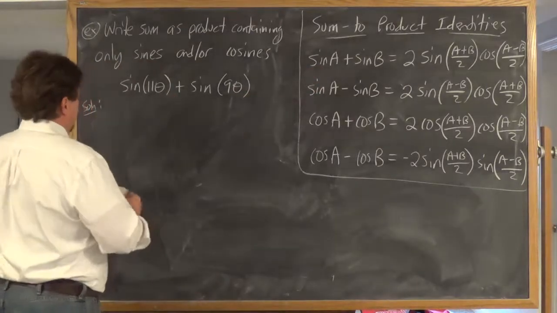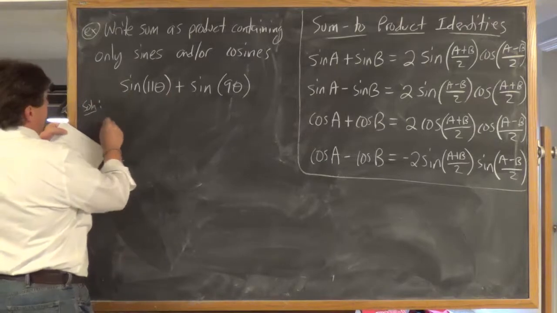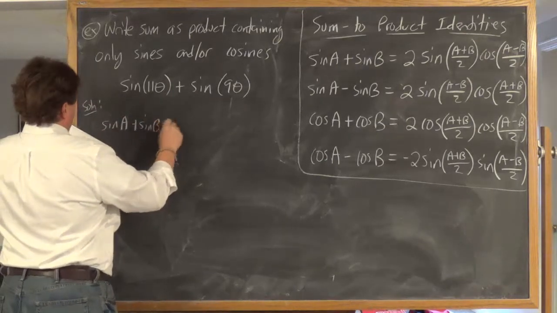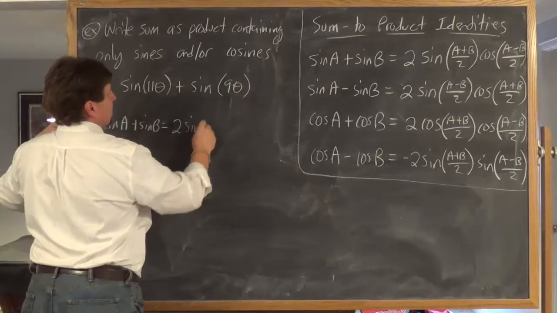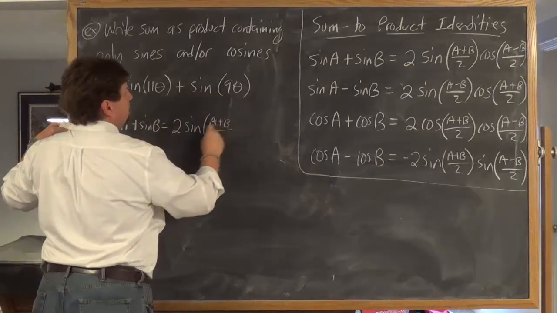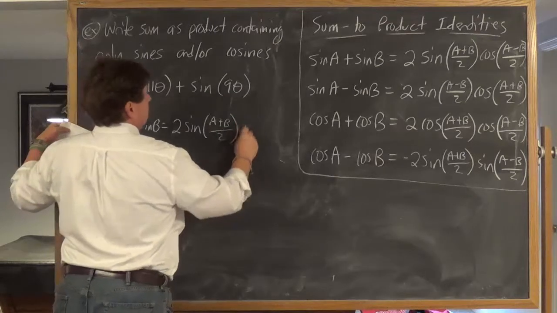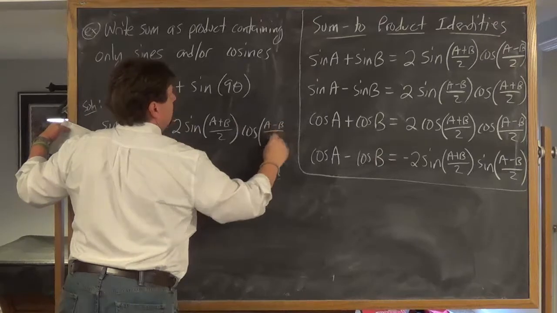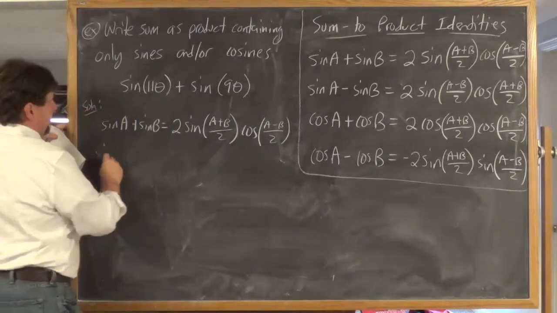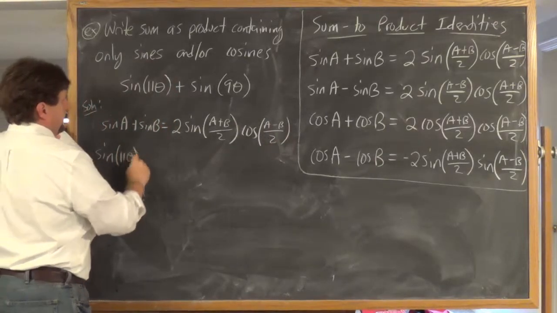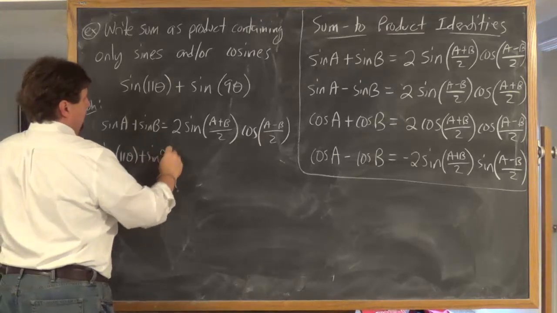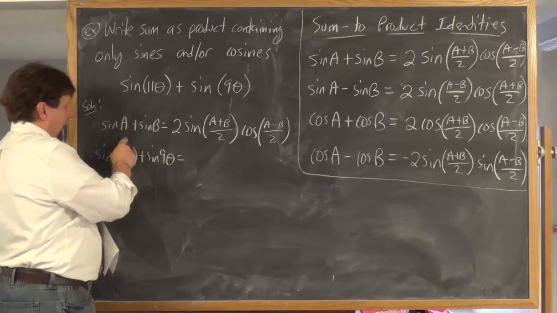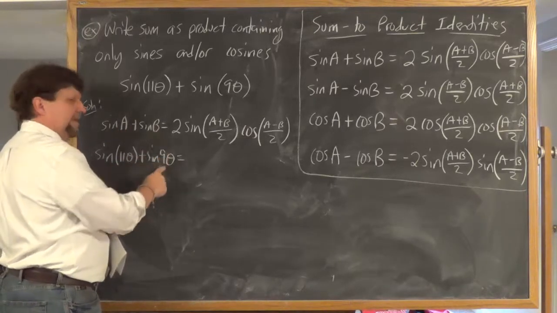It's sine A plus sine B equals 2 times the sine of A plus B over 2 times the cosine of A minus B over 2. So now when I look at my sine of 11 theta plus the sine of 9 theta, it looks like A is 11 theta, B is 9 theta.